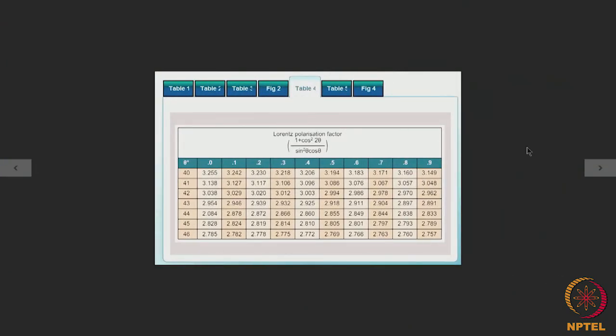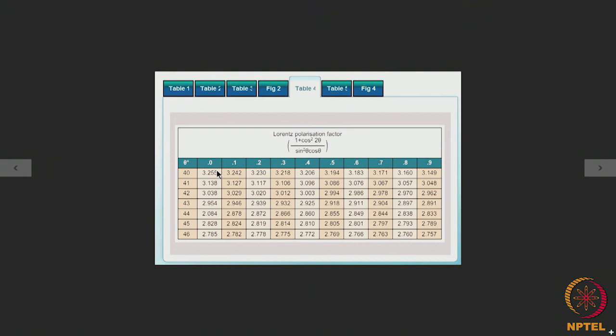Then comes the Lorentz polarization factor, (1 plus cosine square 2 theta) by (sine square theta cosine theta). Here I have plotted only some definite values relevant to our problem. So, here it is theta in degrees from 40 to 46, then 0.1, 0.2, 0.3, 0.4, etc., up to 0.9. For example, if theta is 40 degrees, then this is the value of the Lorentz polarization factor.